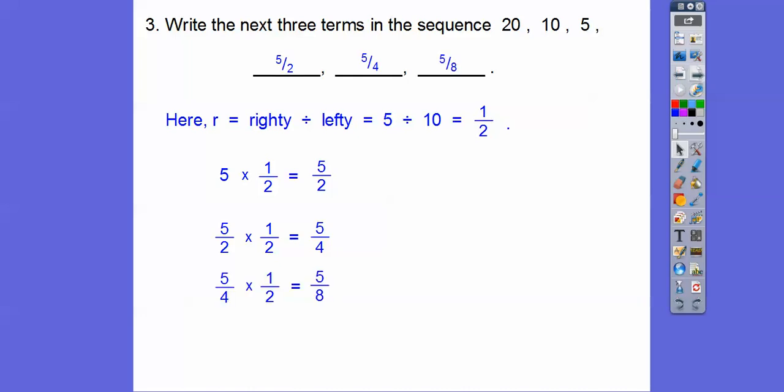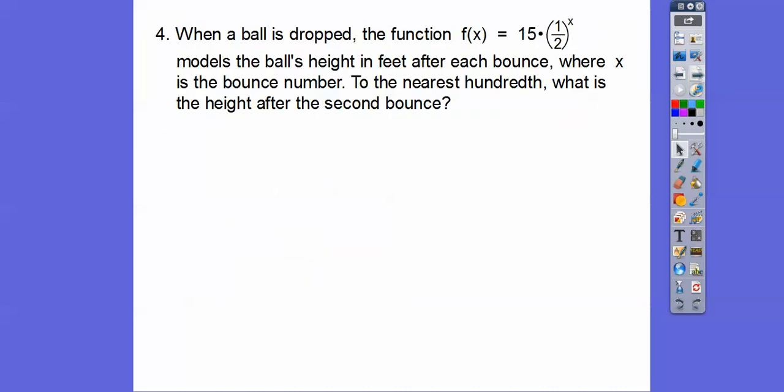So when we go to the right, we multiply by r, and since r is a half, times a half, times a half, times a half. So write the next 3 terms. Again, you have stuff just like this on your upcoming test. I made the test for our school, and it's going to look just like this.